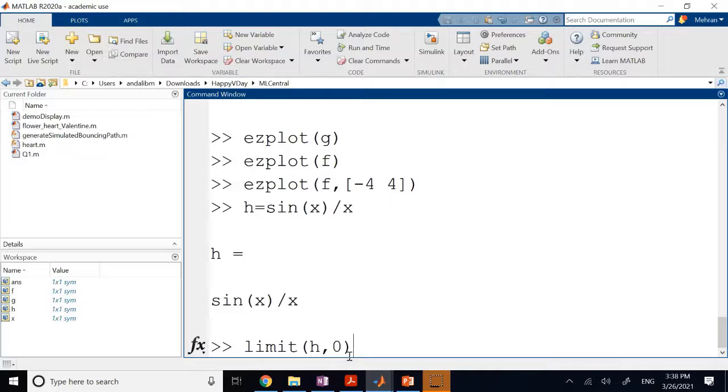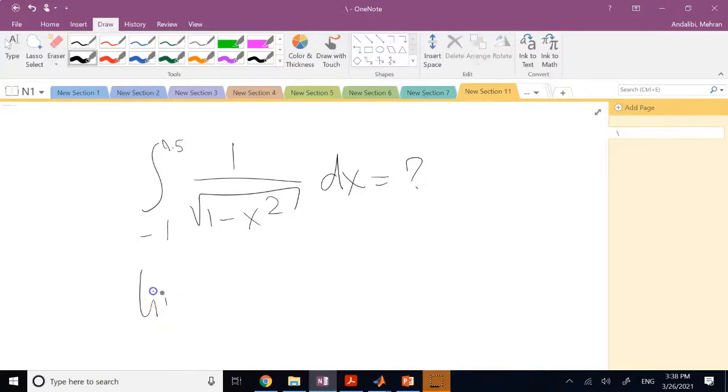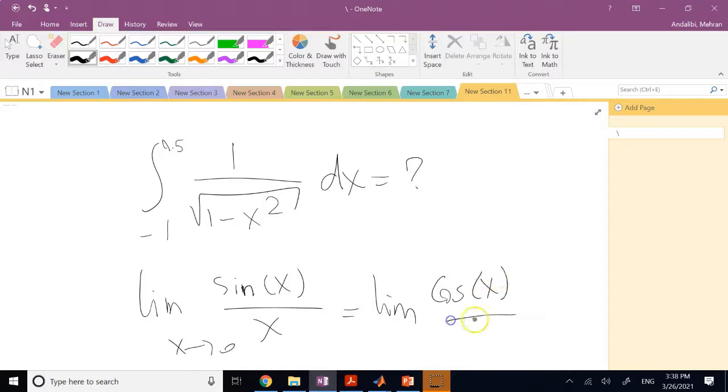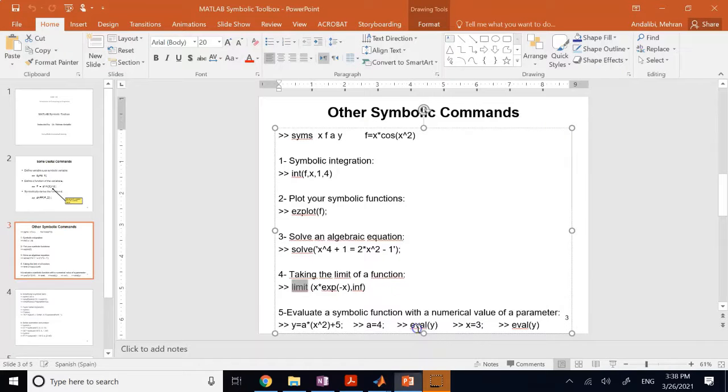So what's the limit of h with x going to 0? 1, right? You probably all know this limit, correct? Hopefully from your calc. The limit of sine of x over x as x goes to 0, you take a derivative from both sides. This is going to be cosine of x. This is going to be 1. And you'll get a 1, correct? This is called L'Hopital's method. So yeah, you can do all of your limits of calc here with the command limit.